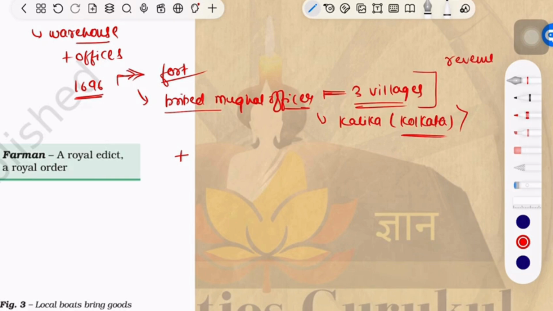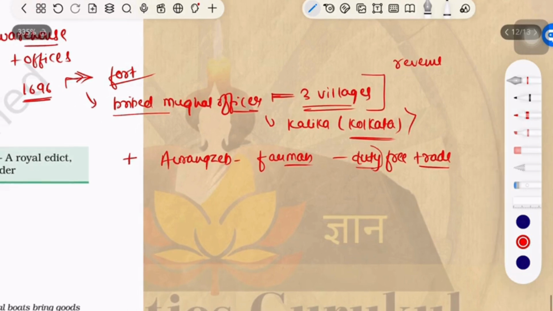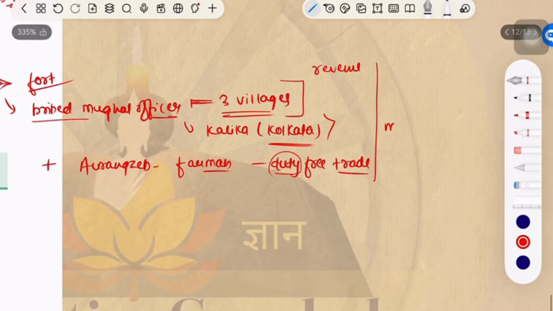Then they also persuaded Aurangzeb to issue a Farman. Why? Duty free trade. So that if they are trading in this part, they should not pay any duty, just to maximize profit.